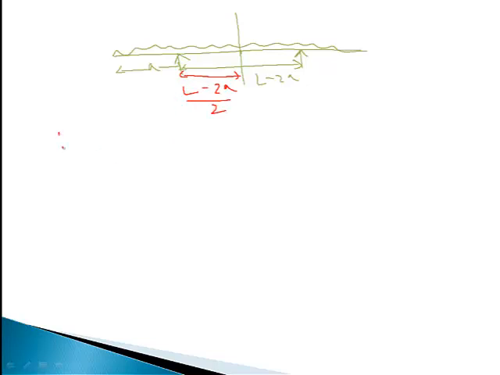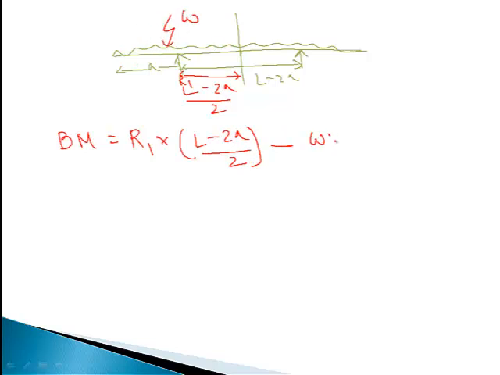So what will be the bending moment? First, the clockwise one: reaction R1 into the distance, which is (L minus 2A) by 2, minus there is a load also. So what will be the load? W into what is the length? Total length is L, we have to find out the midpoint, so it is L by 2. Again, where will the CG act?